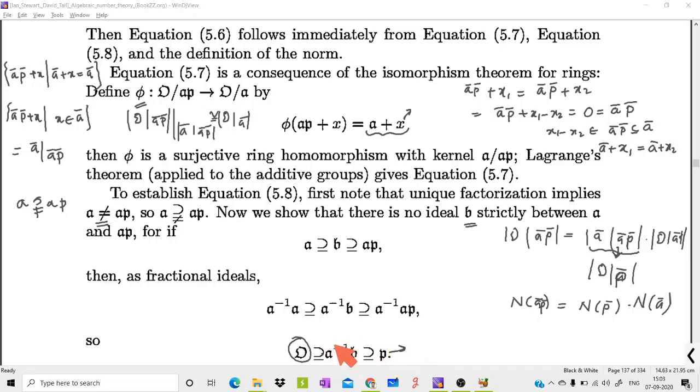So we can say that either A inverse B is equal to O, otherwise A inverse B is equal to P. A inverse B equal to P implies this B is always AP. Otherwise, A inverse B will be O, that means A is equal to B. So whenever we assume a B, either B will be equal to A or B will be equal to AP. So we can say that there is no ideal strictly in between A and AP.